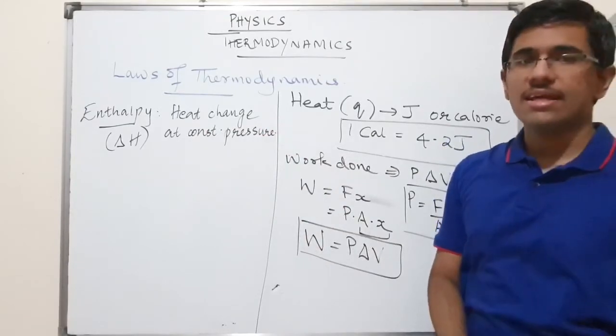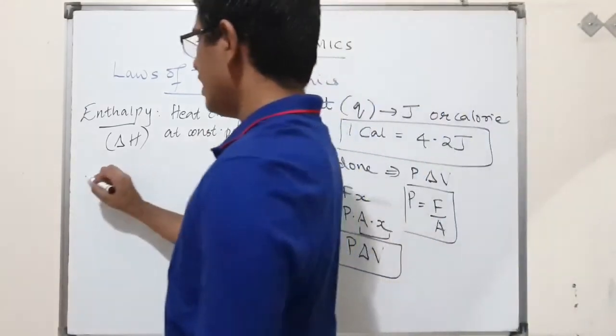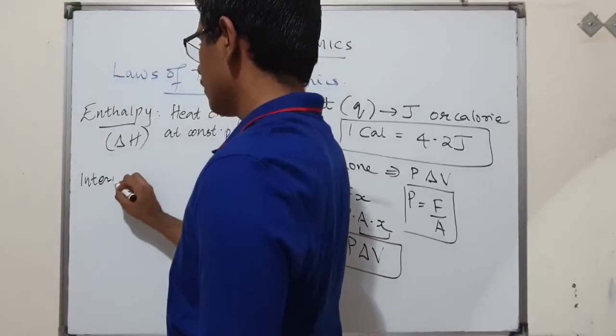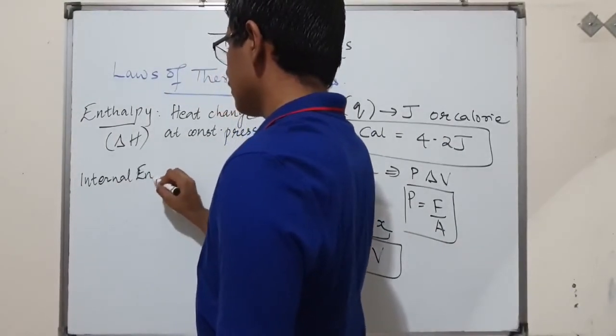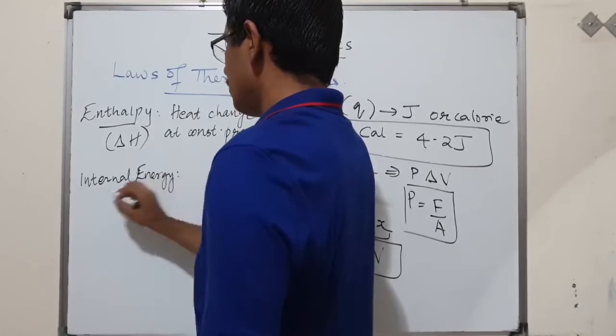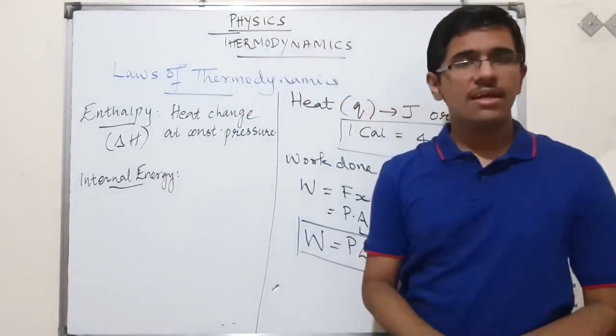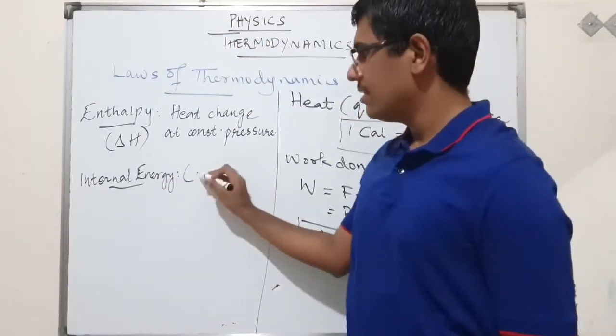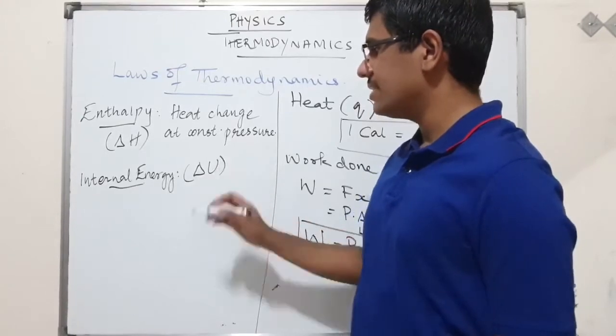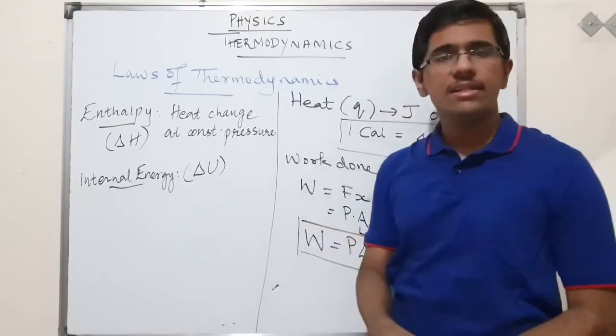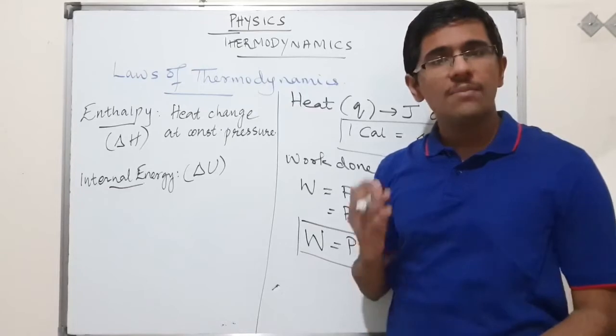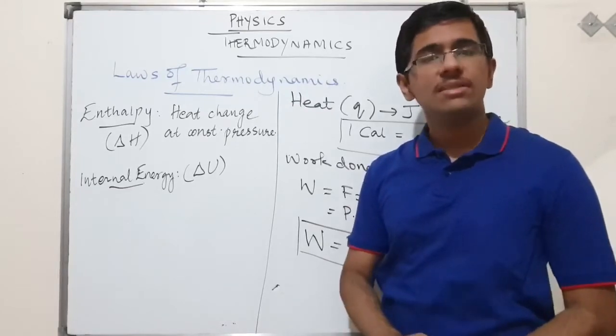Now, internal energy. What is the meaning of internal energy? Internal energy is denoted by the letter U, or delta U for the change in internal energy. It is the total amount of energy content of a system.